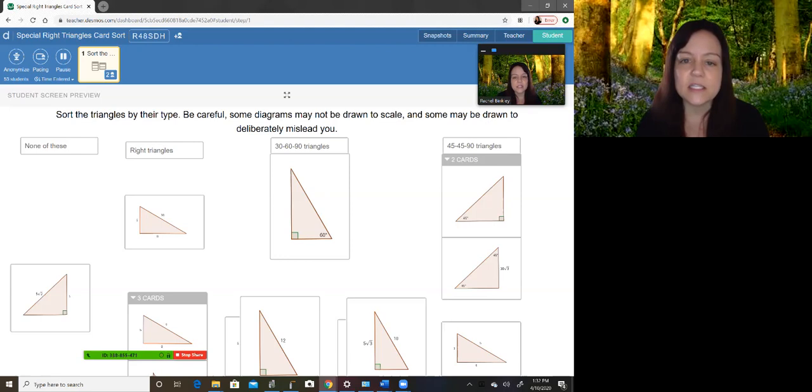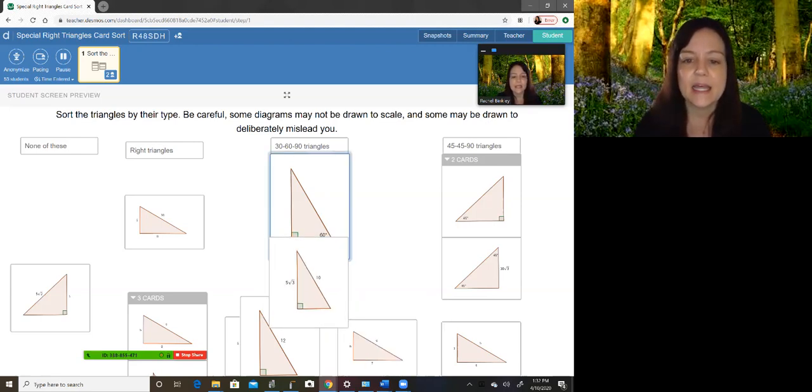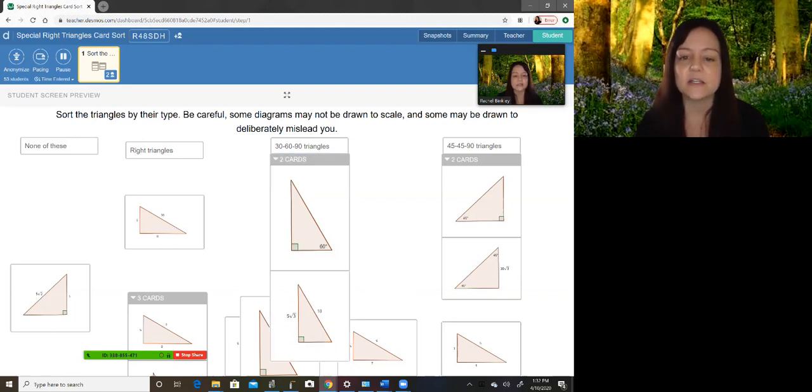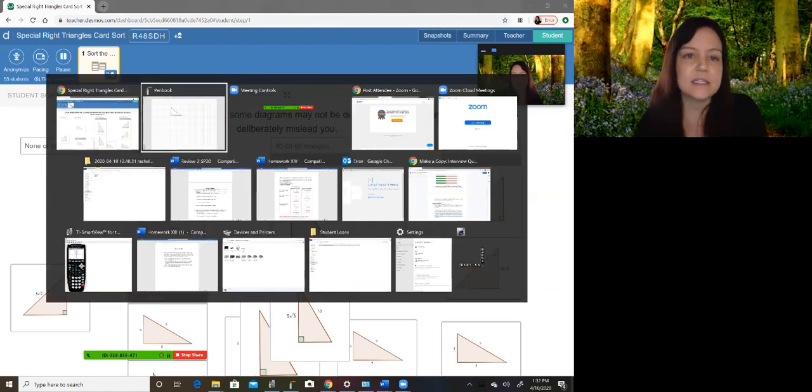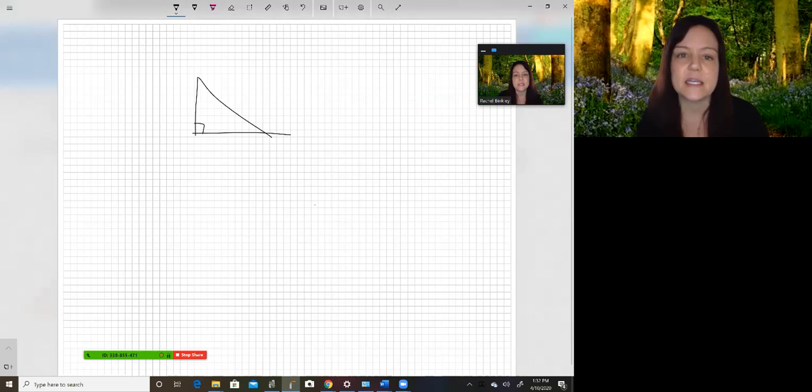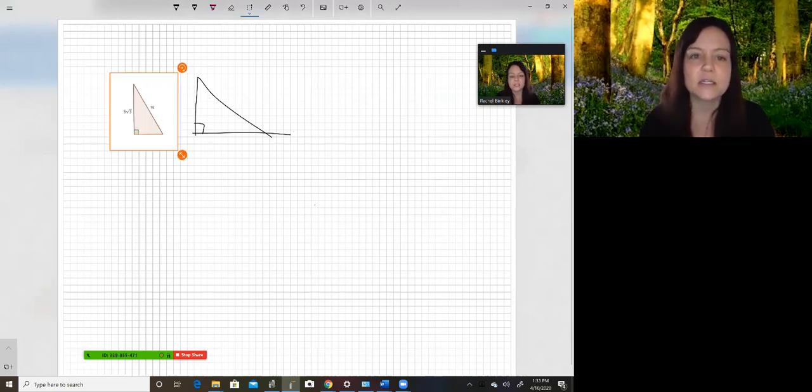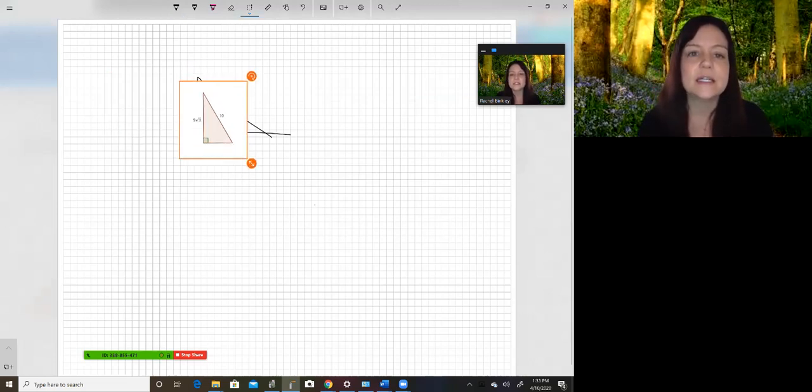So let's look at this one. Off the top of my head, I know that this one is a 30, 60, 90, and it'll be a good one to go over the rules. So let's see if I can copy this image and paste it here. Oh my gosh, cool.